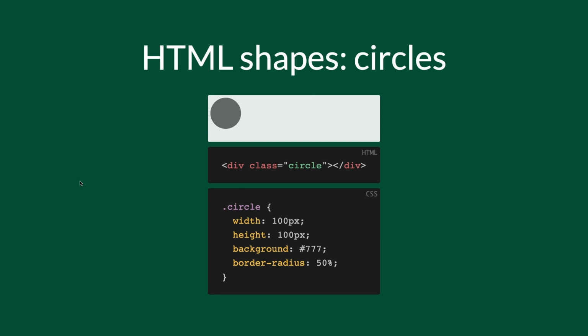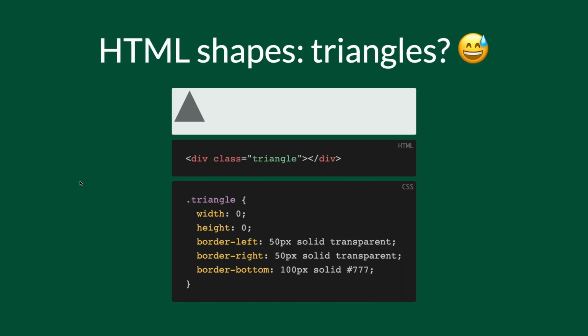And you can also make circles, sort of, by adding a border radius. Yeah, it's a little bit hacky, but it works. You can get a little bit more hacky and start making triangles and shapes like that. But after this is really where HTML starts falling apart. I've done some hacky things with HTML before I learned some of these other technologies.